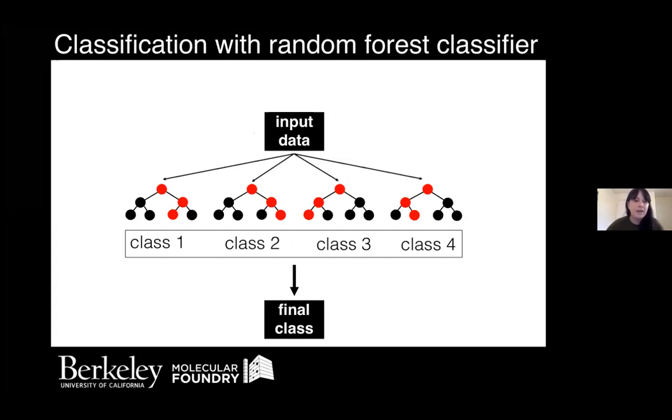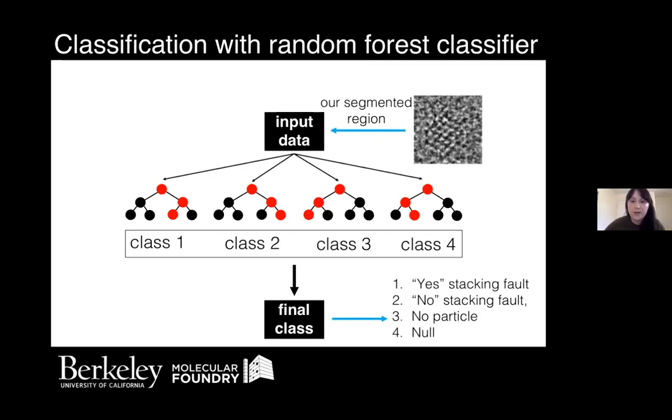This means that we take our images and turn them into feature vectors, where the items in the feature vector come from image filtering operations like rotational averaging on the real space or Fourier space image. And then we create an ensemble of these decision trees, each of which will make a class prediction based on those feature vectors. And then based on this ensemble decision, we determine the final class.